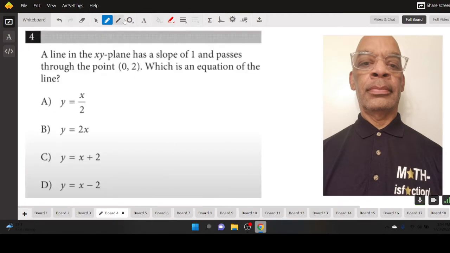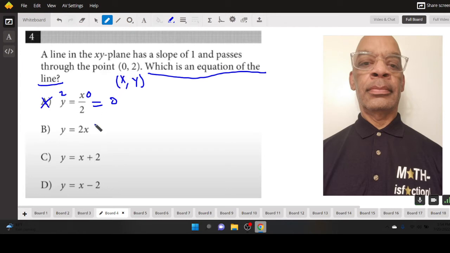Problem 4. Which is an equation of the line? So I'm going to plug in my x, y values to see which equation works. Put a 0 in for x. I'm supposed to get a 2 for y, but this really equals 0.